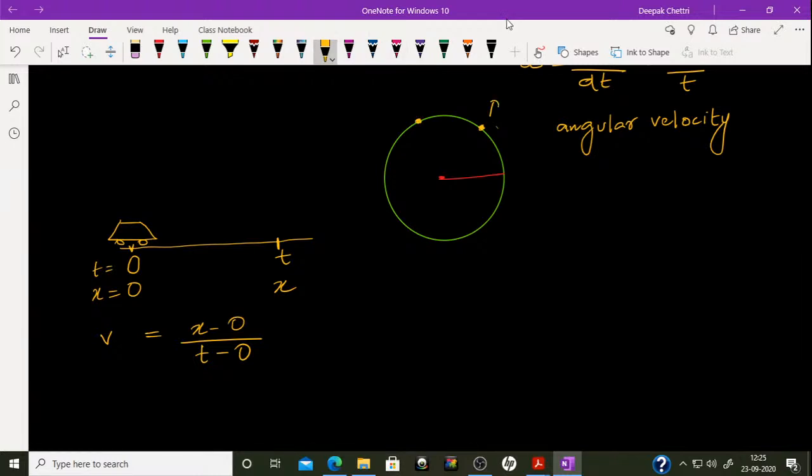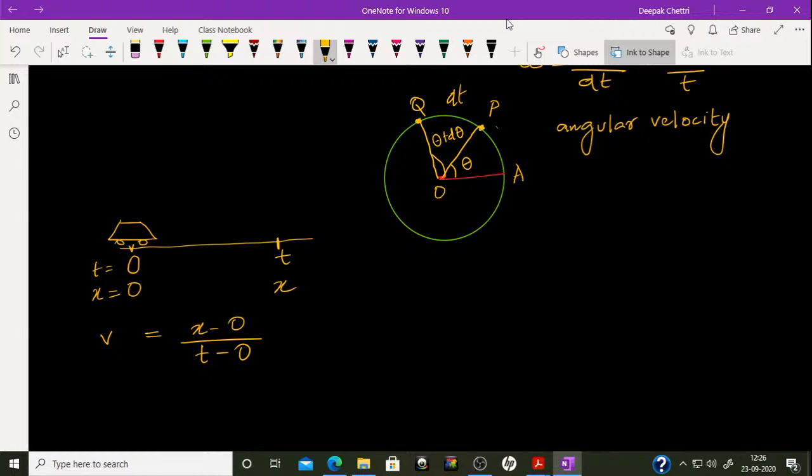Let us say this is position P, this is position Q. Let me call this line OA. Angle AOP is theta, angle AOQ is theta plus d theta, and the object moves from P to Q in time dt.